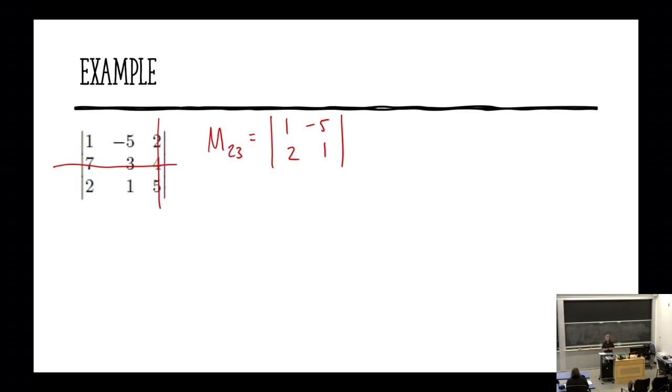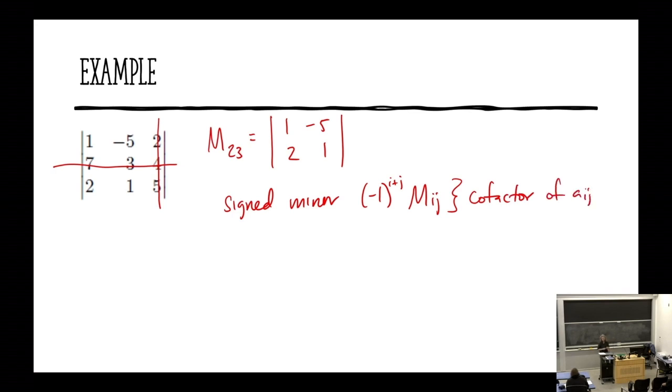There's something called the signed minor, and the signed minor is -1 raised to the i plus j. So it's the sign of the minor, essentially. And we call this thing the cofactor of Aij. So in this matrix that I have here as my example, the element 4, the A23 element, is in row 2 and column 3.